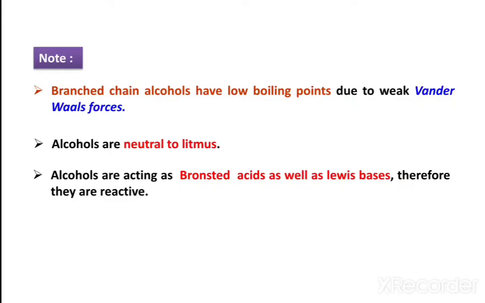Bronsted acid, that means it donates the H plus ion. Actually, Bronsted acid is from the Bronsted theory, and in case of Lewis base, that means the Lewis acid-base theory. Lewis base means that which donates the electron pair. Therefore, the alcohols act as a Bronsted acid as well as the Lewis base. Therefore, it is the most reactive.